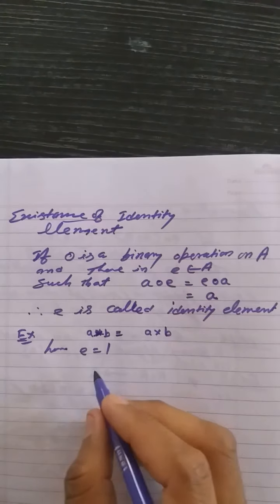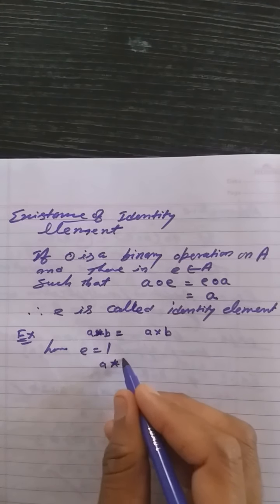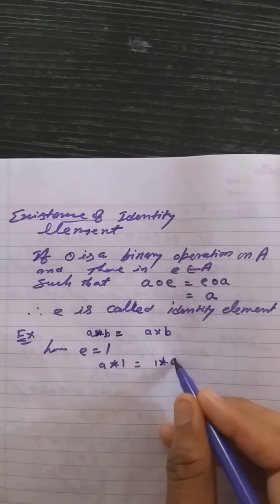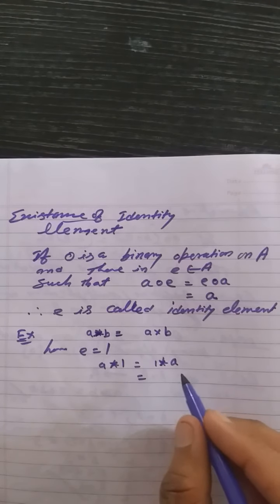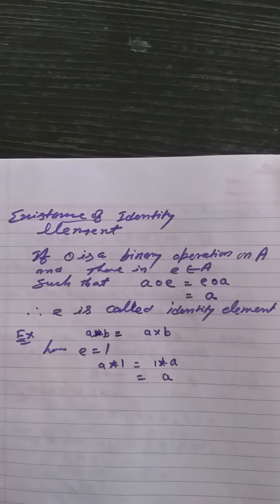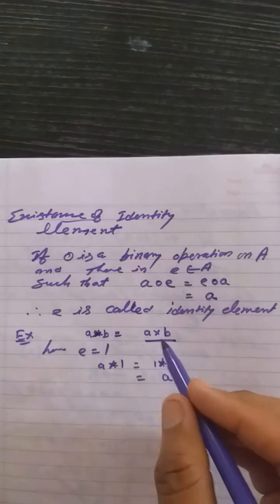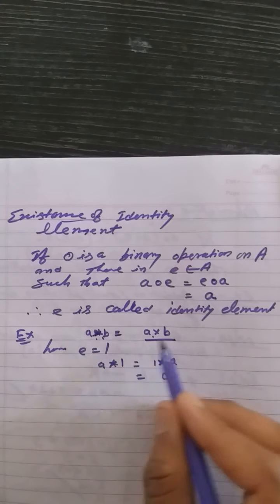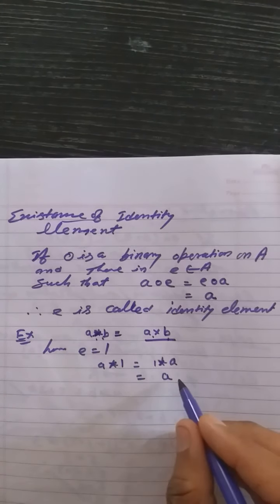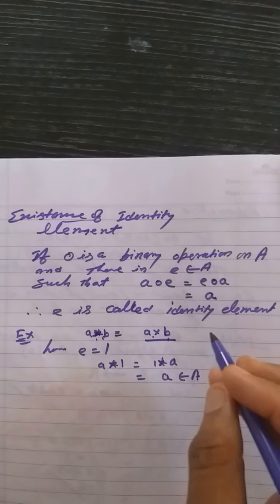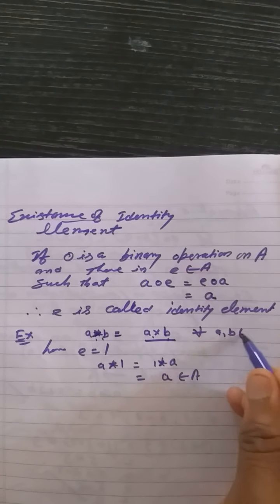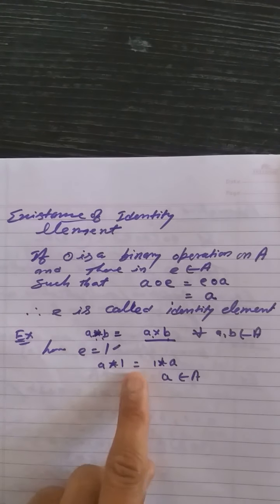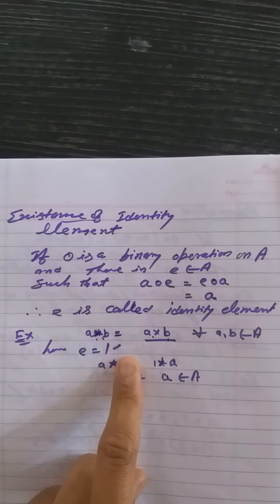Why? Since A star 1 equals 1 star A equals A by this definition. Here star means multiplication of A and B, and this belongs to A for every A, B belonging to A. Hence 1 is the identity for this operation.